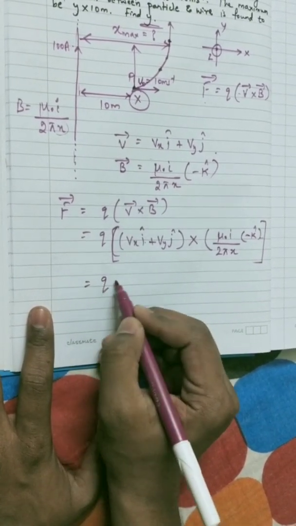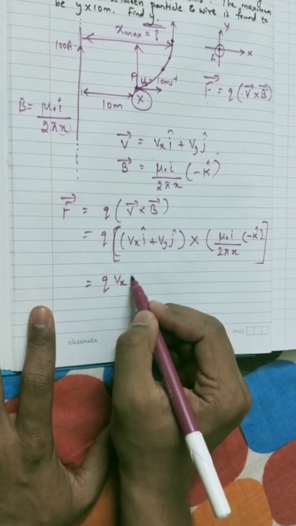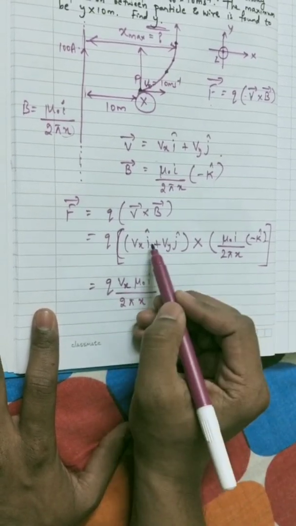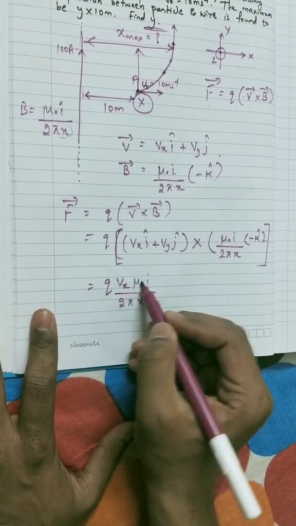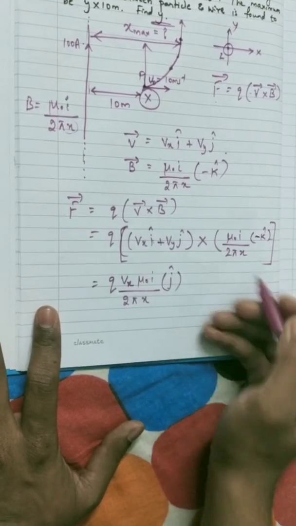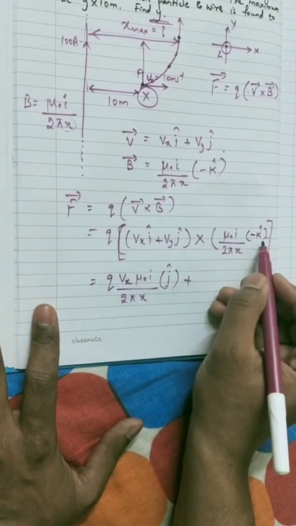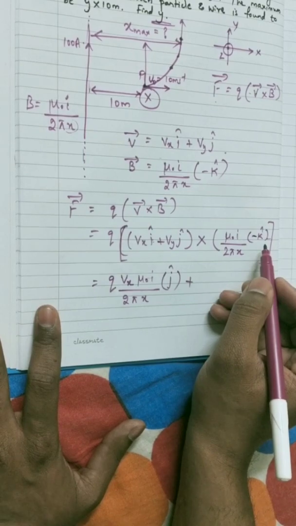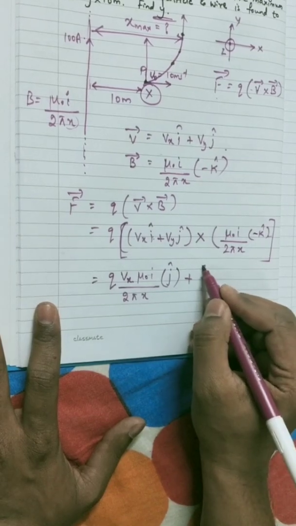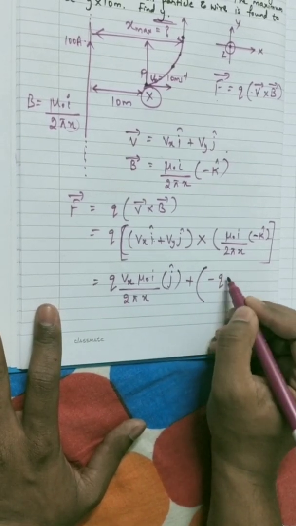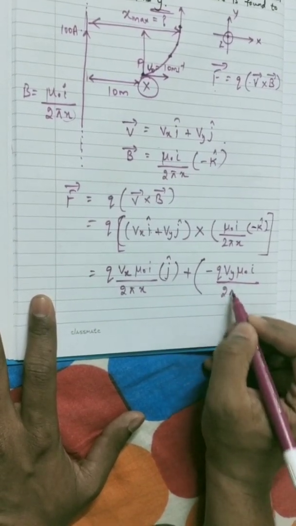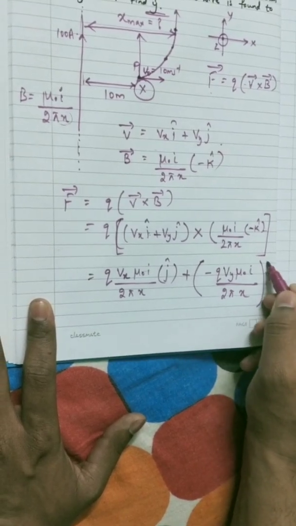So we have q Vx mu naught I divided by 2 pi x into j. Then j cross k is i, with the extra minus sign, so it is minus i: minus q Vy mu naught I divided by 2 pi x into i cap.